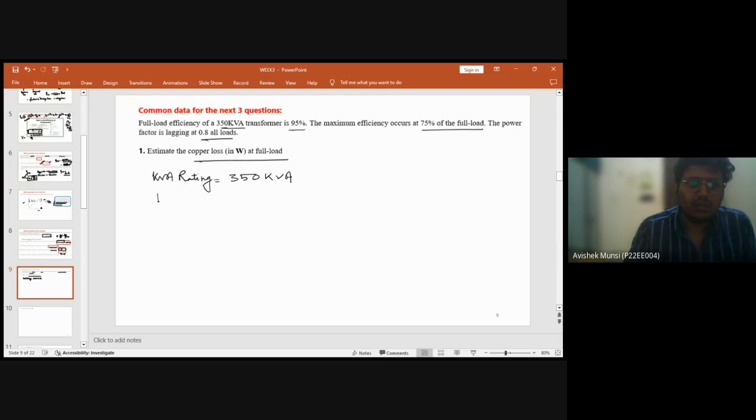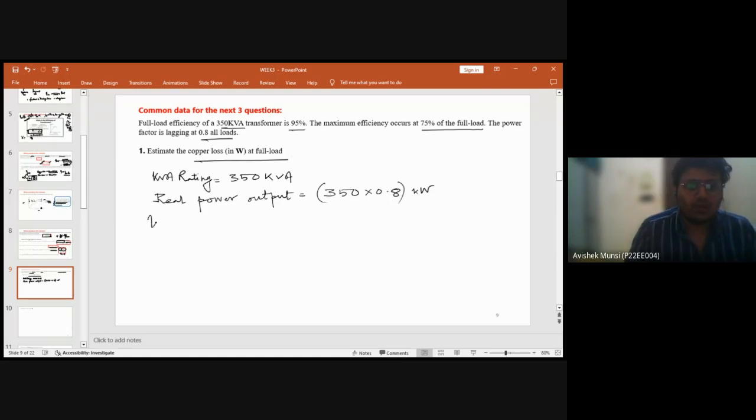So what will be the real power output then? It is VI cos theta, so this will be 350 into 0.8, and this is in kilowatts.